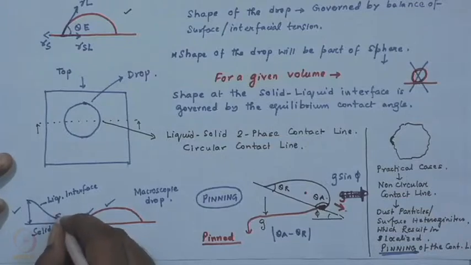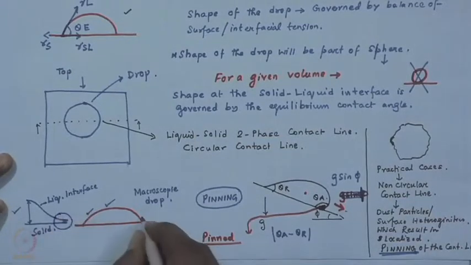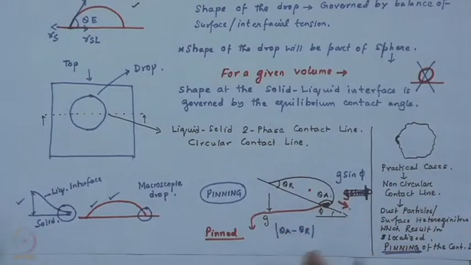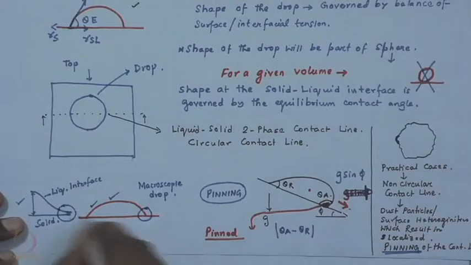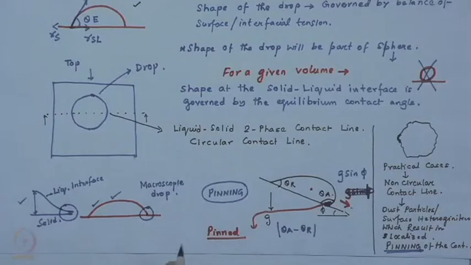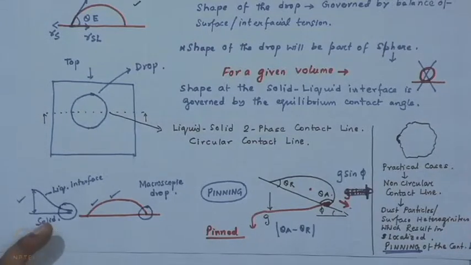What happens is close to the contact line, these two interfaces come very close to each other before they actually merge. Some people grossly visualize a contact line to be a discrete entity where it just comes and merges at a fixed point, but there is a view which was first proposed by Nobel laureate de Gennes, and there are many people who subscribe to this view, that the contact line is not a zero thickness entity.